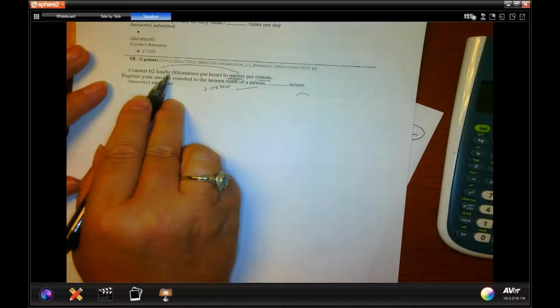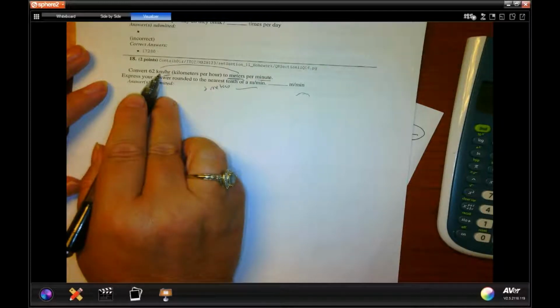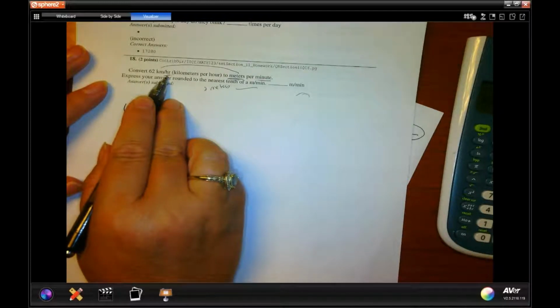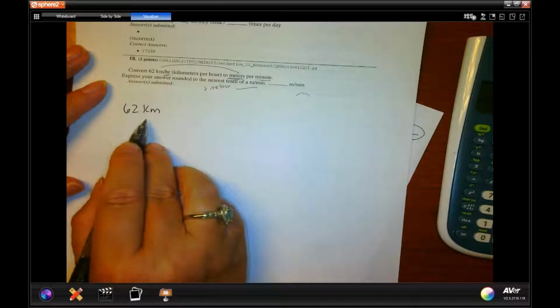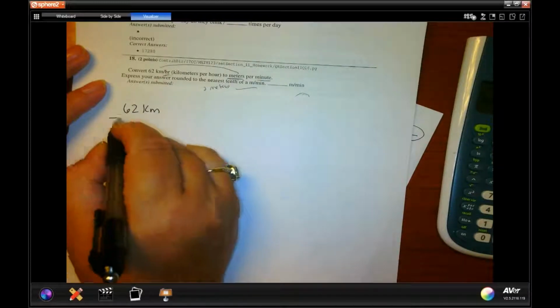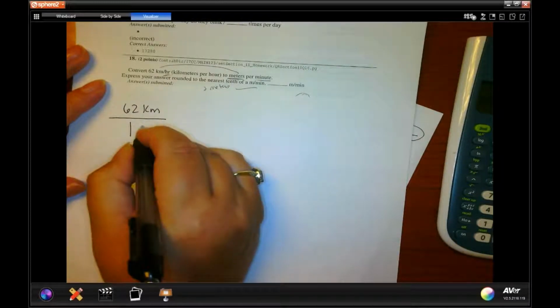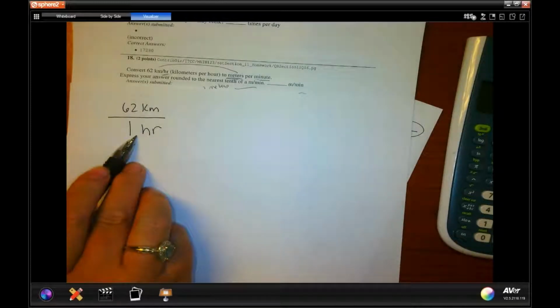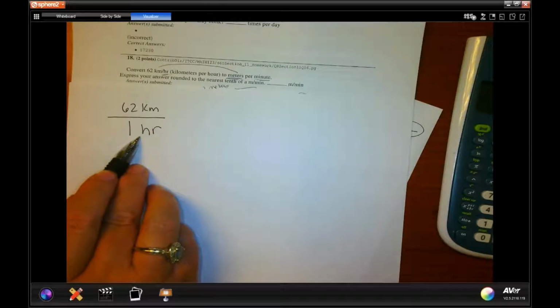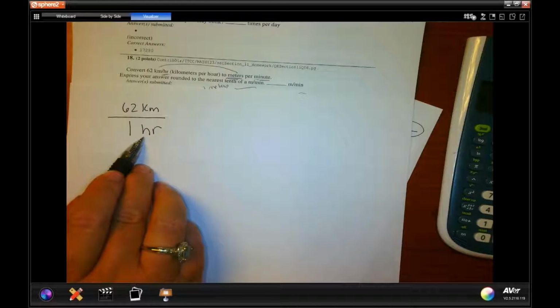It's not harder, it's just longer because now we're introducing units in both numerator and denominator per something. So we don't just write kilometers over 1, it's 62 kilometers over 1 hour. And I'll have people say, oh, I'm just going to convert them separately. That does not work because hours is not in the numerator, it is in the denominator. It's got to be in the denominator.